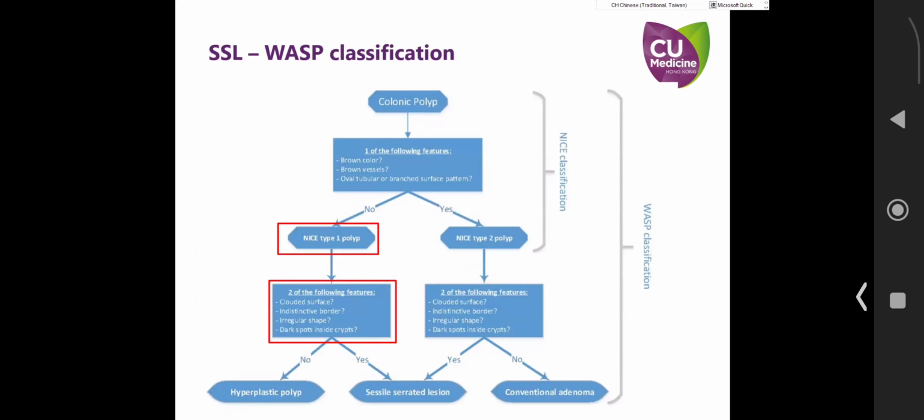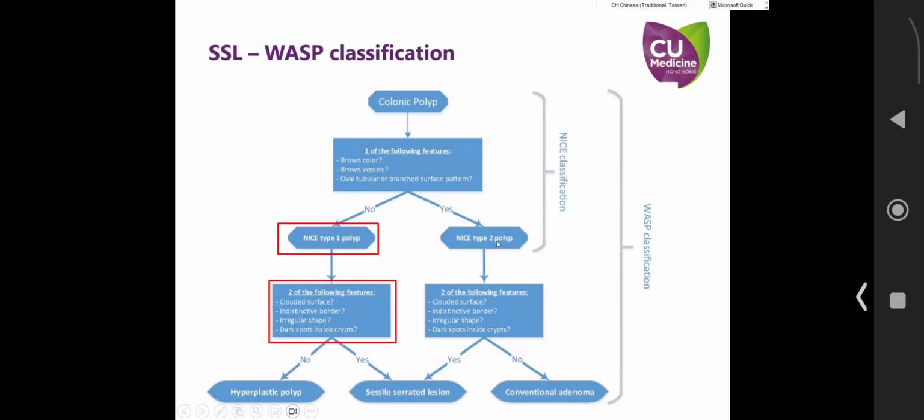So this summarizes how we classify this particular type of lesion in the colon. First of all, if you see a lesion, you will classify it according to the NICE or the JNET classification.